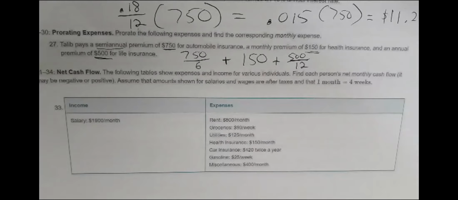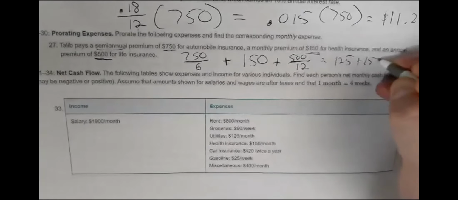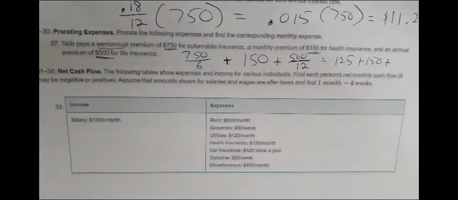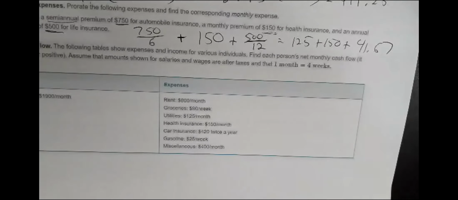750 divided by 6. I guess I could do some mill steps in here. 125 plus 150, and 500 divided by 12 is what, 41.67? So I'm adding 3 numbers together. It should be giving me something like 306.67.